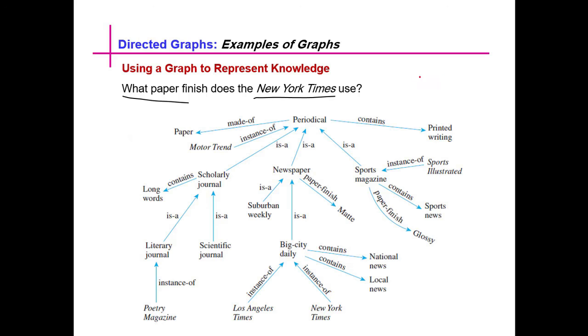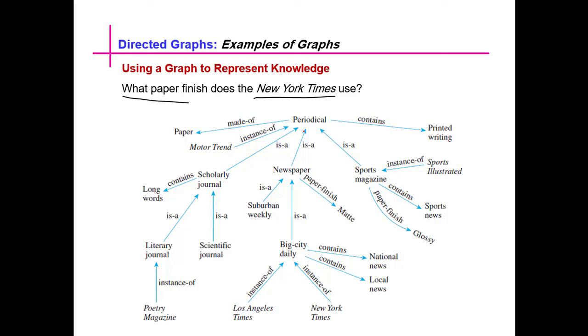We can also use arrows to represent digraphs. Here we can see in this example that we are using graphs to represent knowledge. What paper finish does the New York Times use?